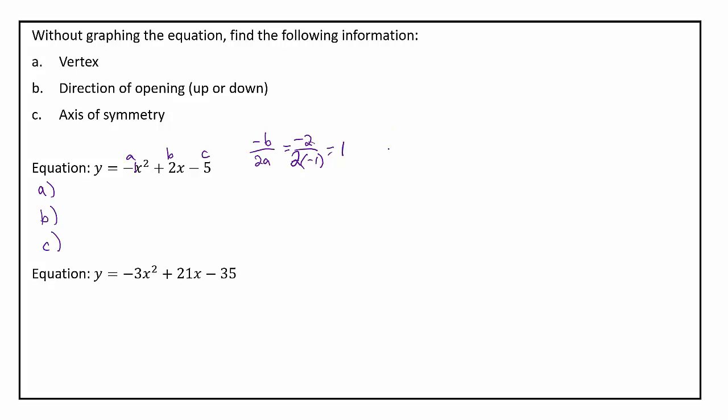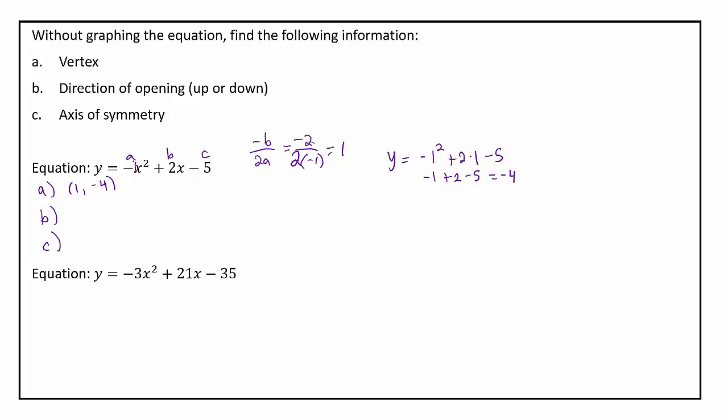Now, if that's what the x-coordinate is, I don't need a whole table of values, I just need the y-coordinate that goes with it. So I plug in 1. And I get negative 1 plus 2 minus 5, which is negative 4. So my vertex is 1, negative 4.